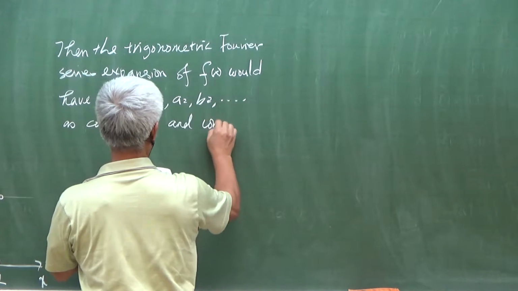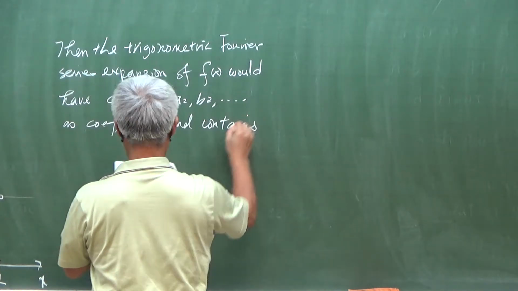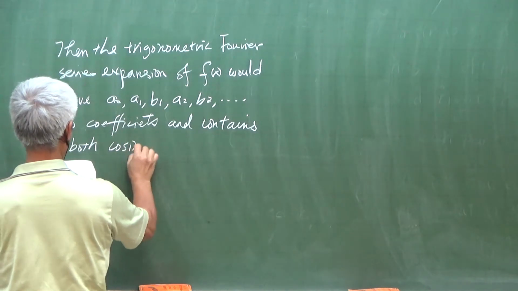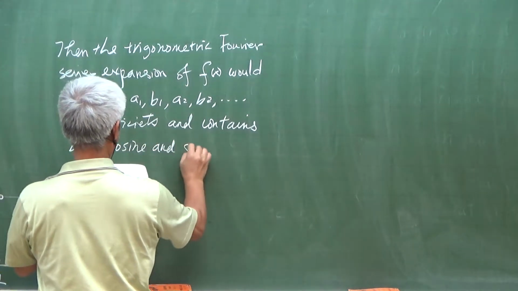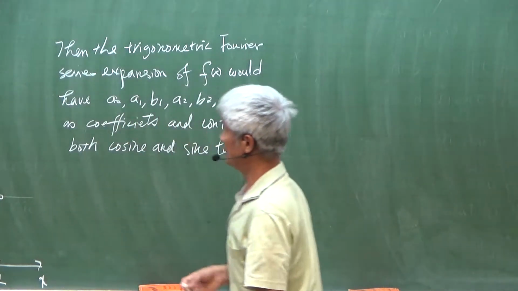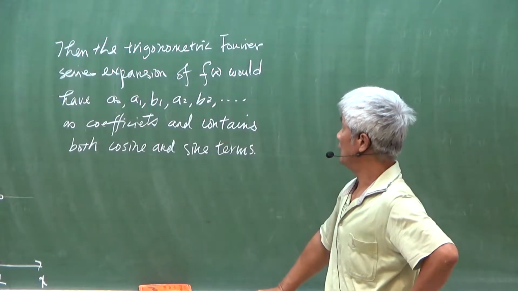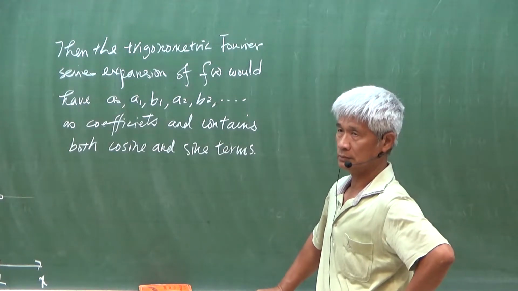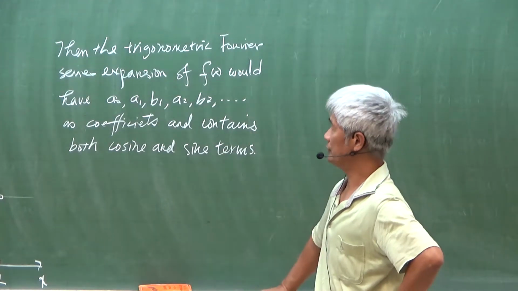And it contains both cosine and sine terms. In general, you will have cosine and sine terms. Okay, this is the general relation.